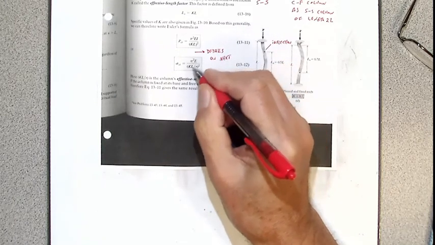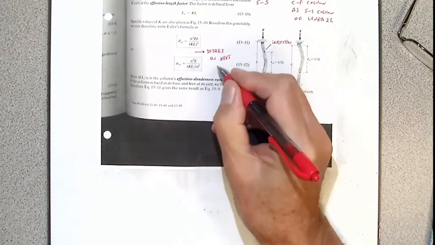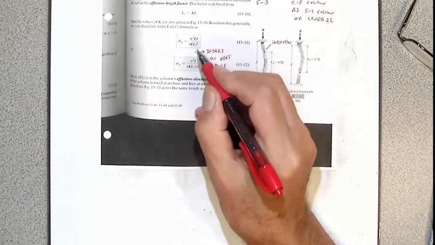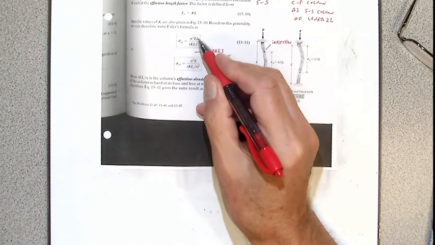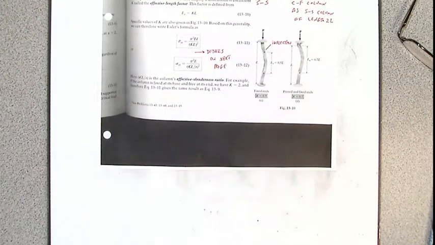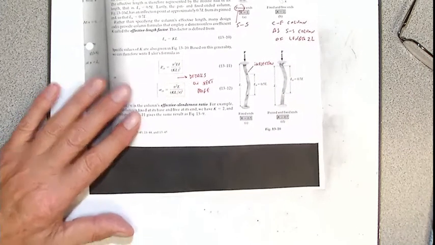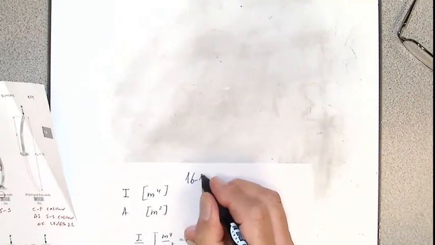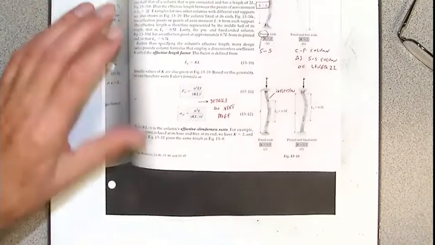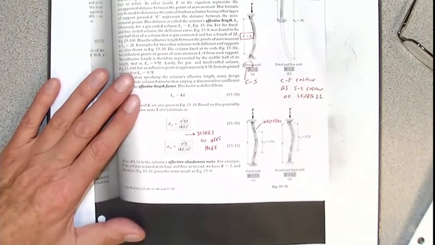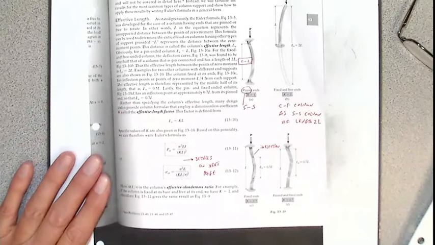Not here, he went too fast. Okay, so this is correct. That is pi square EI, that is KL square, and I have to divide by A. 16.12. Maybe I will wait here, you will write down, make notes, because otherwise you have to both listen.